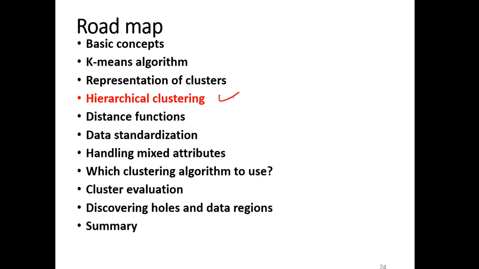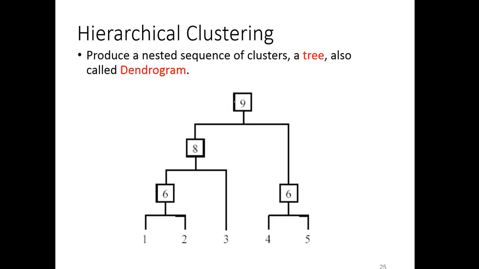The next thing that we'll study is hierarchical clustering. Philosophically, it's different from K-means clustering. It looks much better when explained with the help of a graph, or a tree rather, and we call that a dendrogram. We'll try to understand how we build this dendrogram because there are a few steps involved, and then we'll see how it helps in understanding how many clusters we have and what the clusters are.